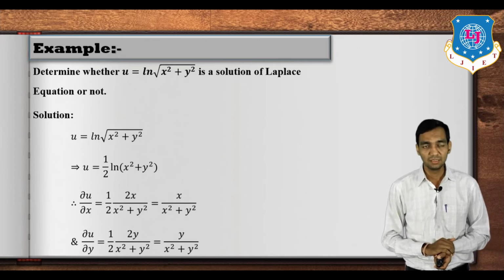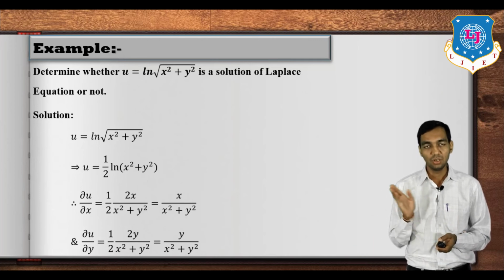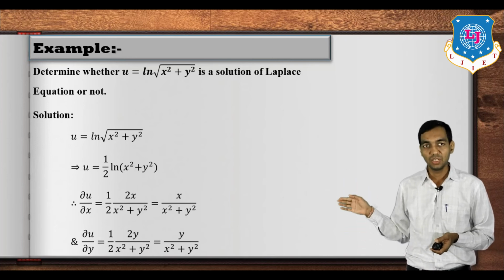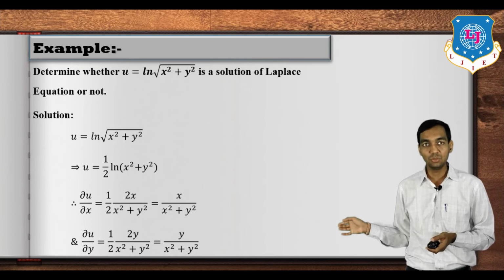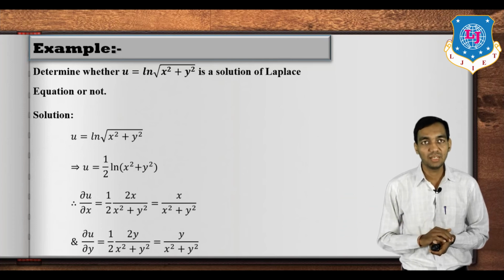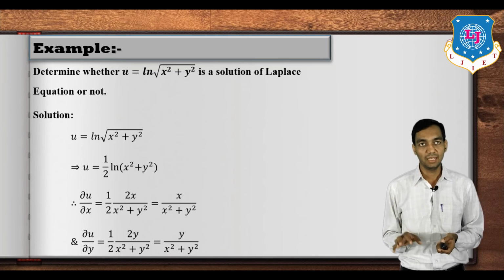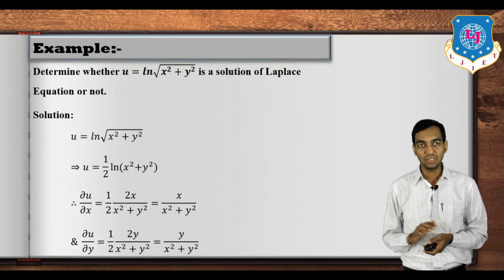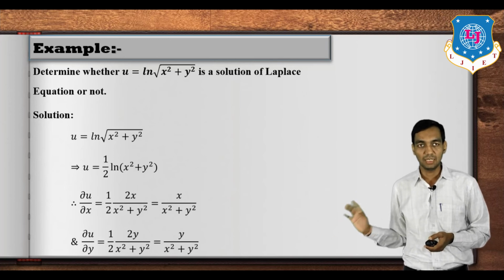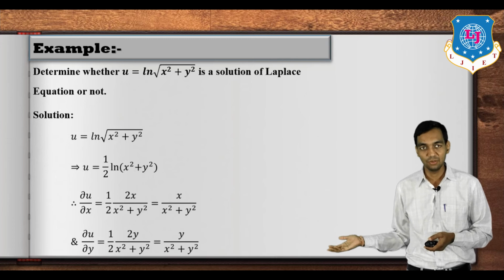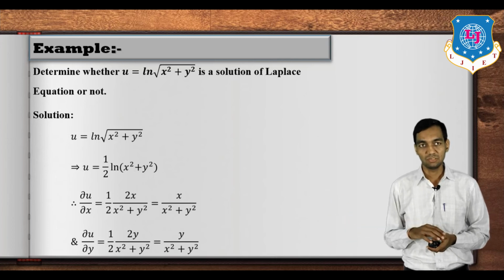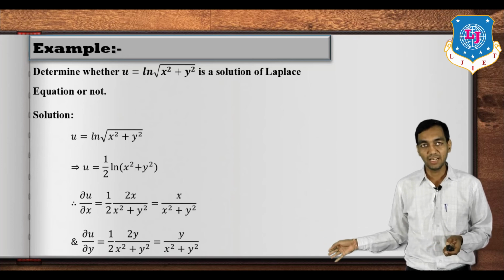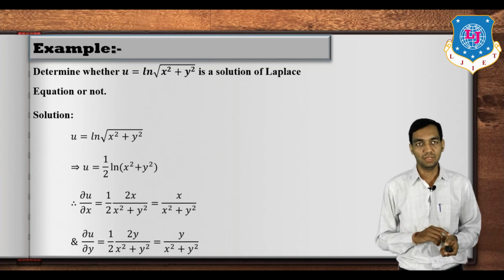Differentiate with respect to x. 1 by 2 is a constant, and log has a derivative 1 upon its argument, so you will have 1 upon x square plus y square into the derivative of x square plus y square with respect to x. x square has a derivative 2x and y square has a derivative 0. So that will give you 1 by 2 into 2x upon x square plus y square. The 2 will cancel out and you will have x upon x square plus y square. In the same manner, if you differentiate with respect to y, then del u by del y has the value y upon x square plus y square.